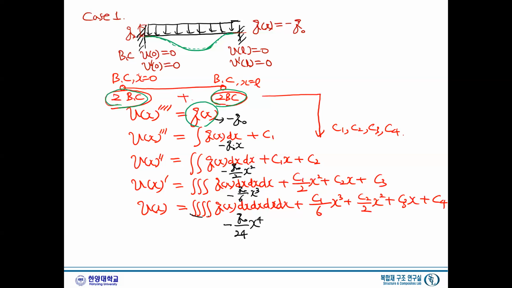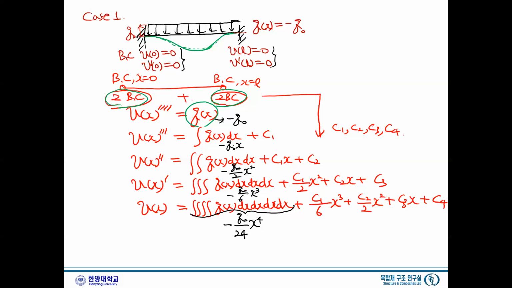So these four integrations, in this case, give minus q0 divided by 24 times x to the fourth, and so on. Okay, so here is the solution. Of course, we have to obtain C1, 2, 3, 4 using these four boundary conditions.